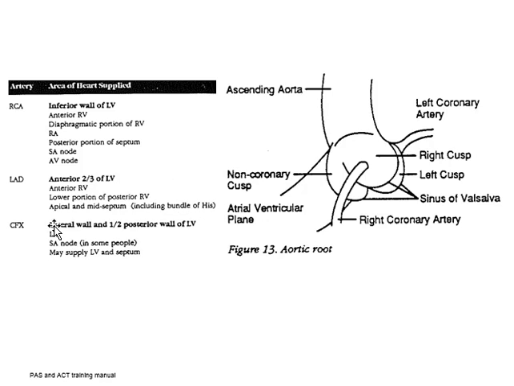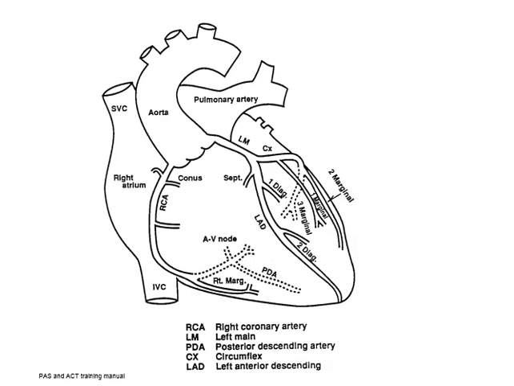The left circumflex, on the other hand, supplies the lateral wall. You can imagine that with the circumflex going down to the side, and also, as you know, in some people, the SA node. I'll leave you to memorize all that. Knowing all that helps you understand how we view the coronary arteries from all our different angles.